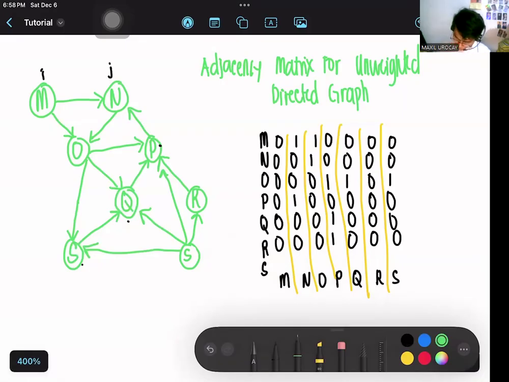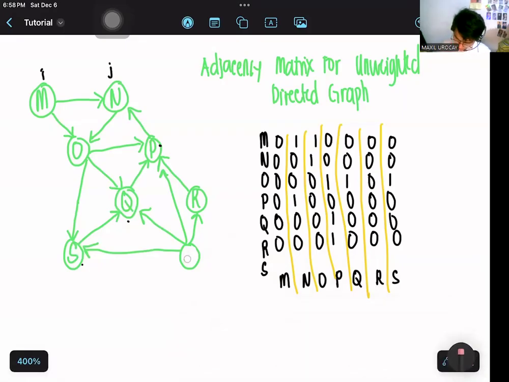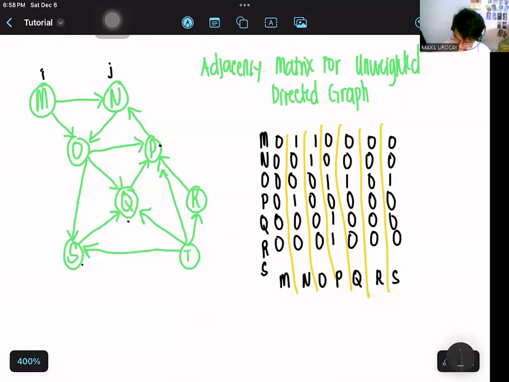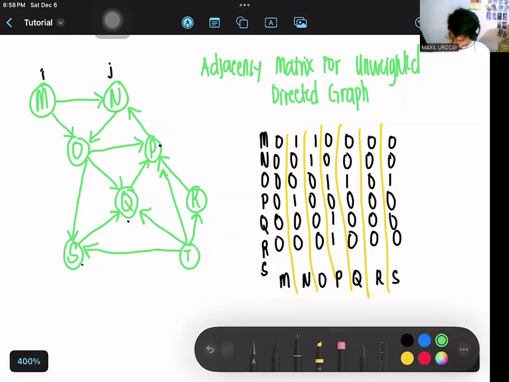So what we can do, let's just change this into T. Okay, T. All right. So what is going to happen for this one? We have to update. Okay, let me update this first.